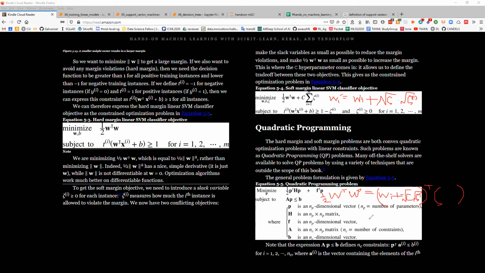And there's basically a matrix that's defined here. F is equal to F prime with m additional elements, all equal to the value of hyperparameter C. B is equal to B prime with m additional elements, all equal to 0.